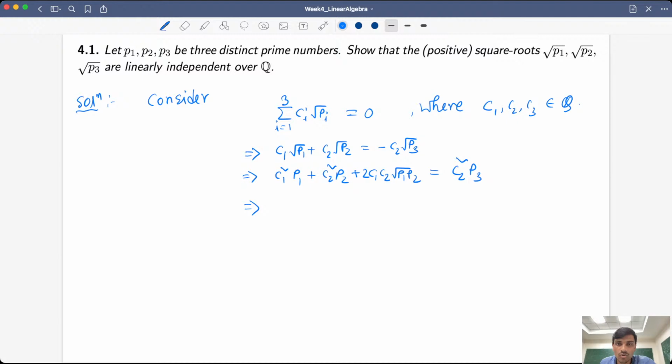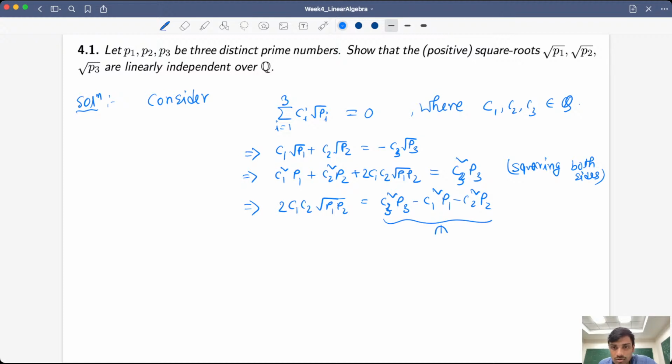In this case root p1 p2 is irrational, so 2 c1 c2 root p1 p2 is, sorry, this is c3, so c3 square p3 minus c1 square p1 minus c2 square p2, by squaring both sides.